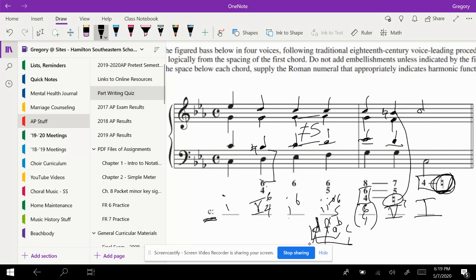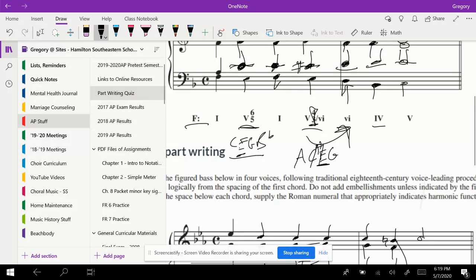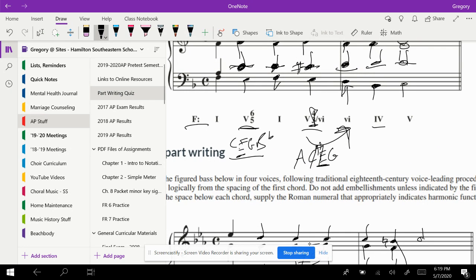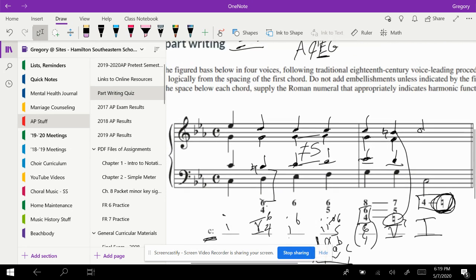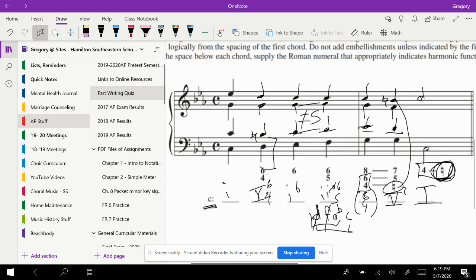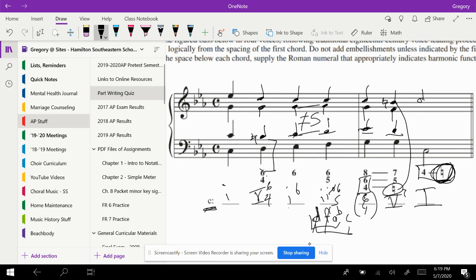Now, this 4-3 is different from the 4-3 up here. This 4-3 up and down indicates a 4th and a 3rd above the bass harmonically, which gives us a 7th chord in 2nd inversion. This 4-3 is horizontal, which means we're doing a melodic 4th above the bass, resolving down to the 3rd.